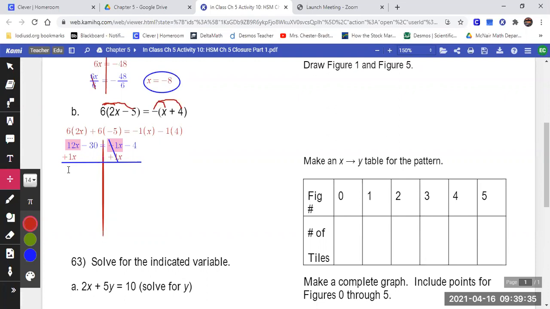Exactly. So we now have 13x minus 30 equaling negative 4. Right?